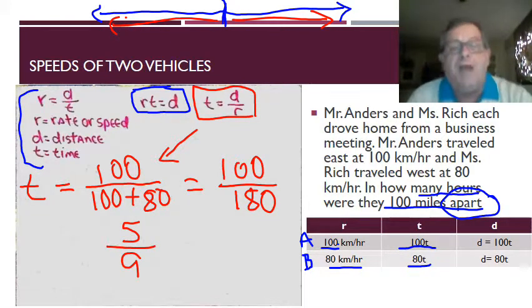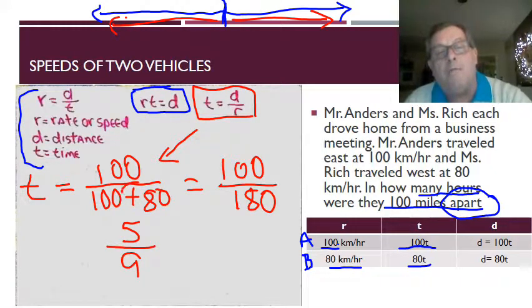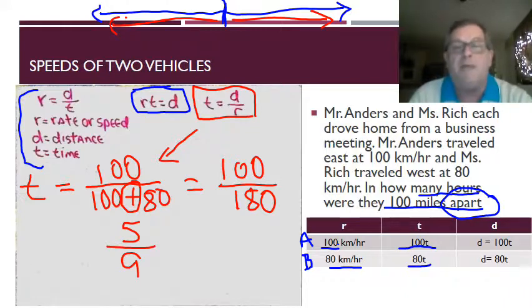So in 5/9 of an hour, Mr. Anders and Miss Rich will be 100 miles apart. Now, the fact that it's asking me about the apart, and we'll see this play out in the next problem, is why I'm adding these two rates together.